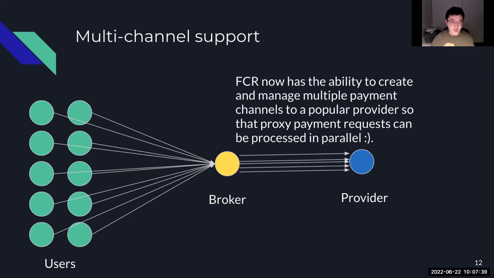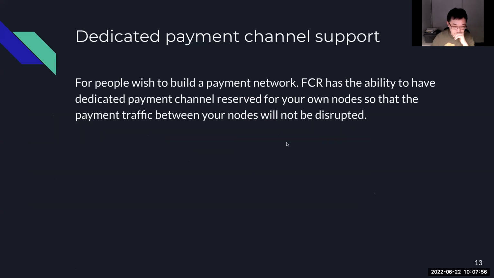What you can do now with FCR is that you can create multiple channels to a popular recipient or popular provider, so the proxy payment requests can be processed in parallel. Another small feature of FCR is that it now supports dedicated payment channels for proxy payment.